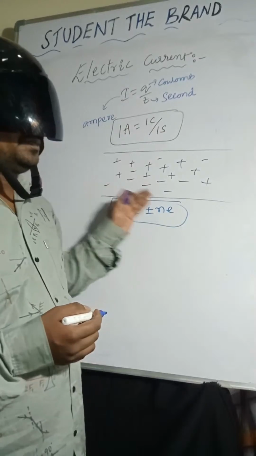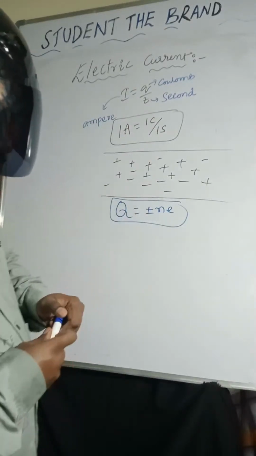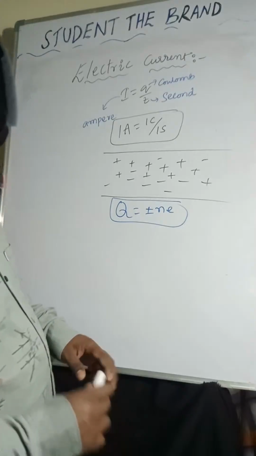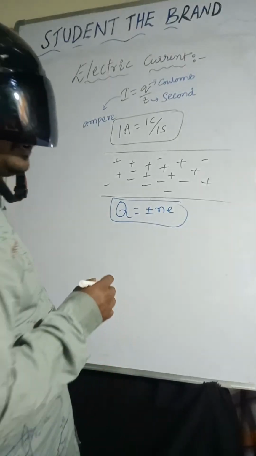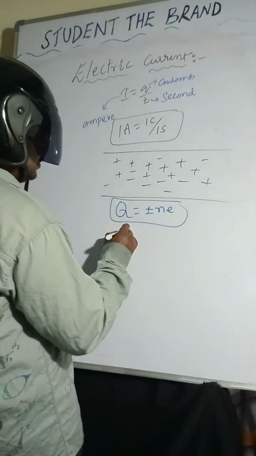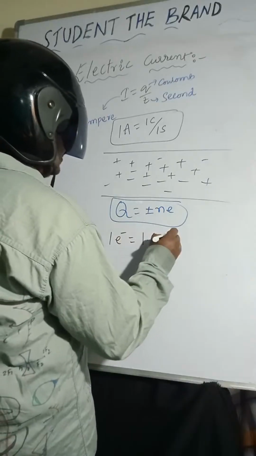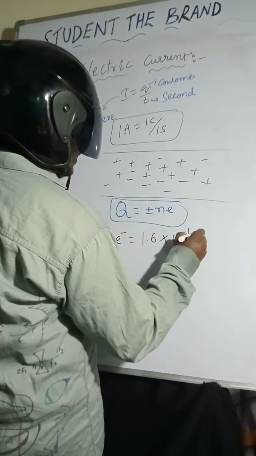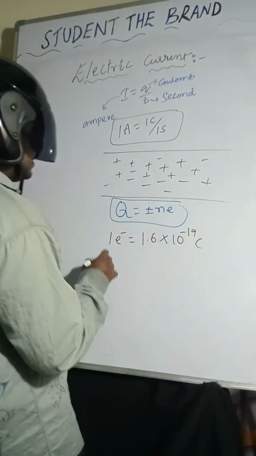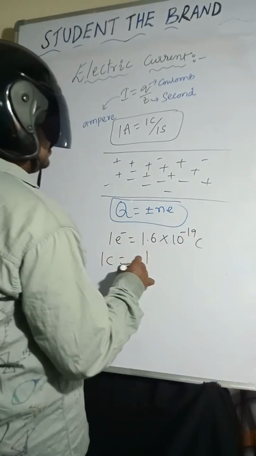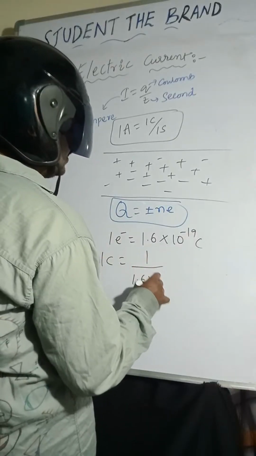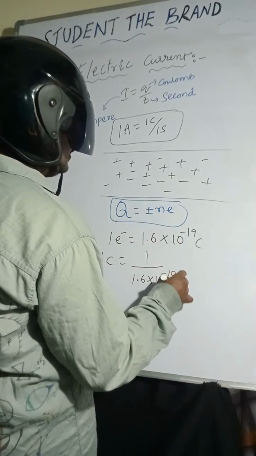Quantization of charge is equal to plus or minus Ne. On one electron, 1.6 into 10 power minus 19 coulomb is present. So in 1 coulomb, 1 by 1.6 into 10 power minus 19.